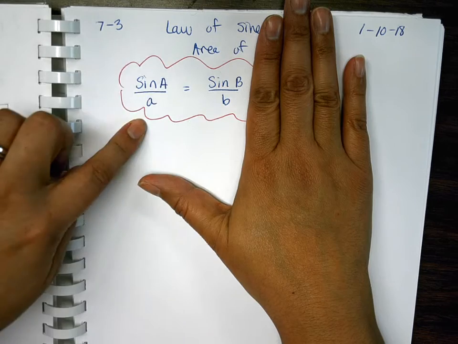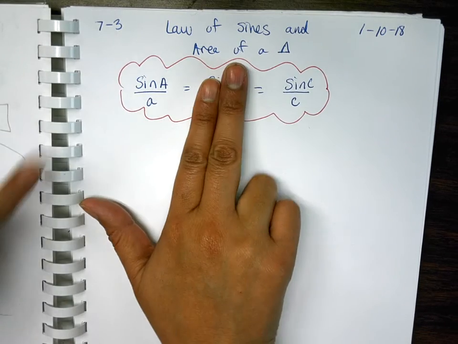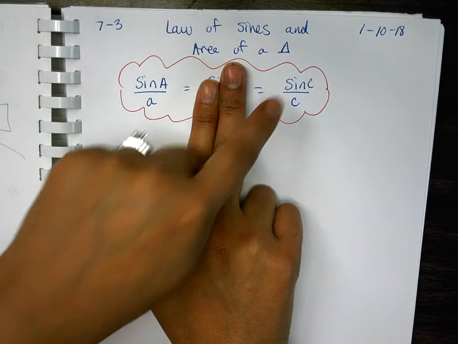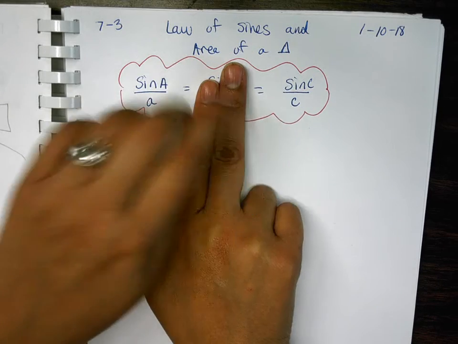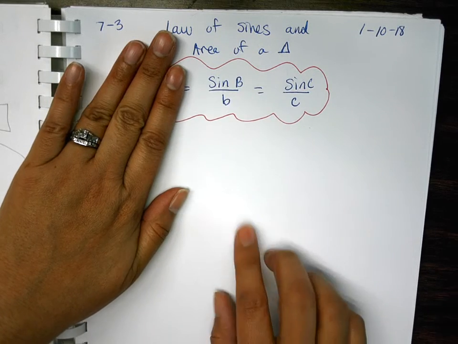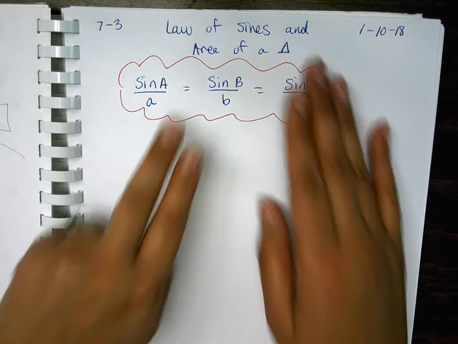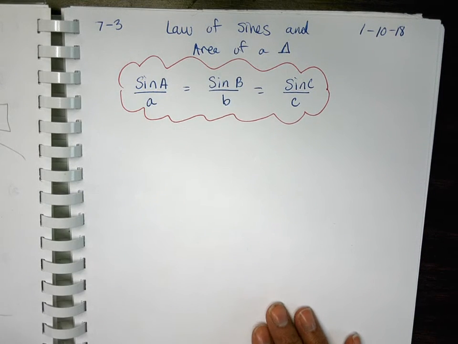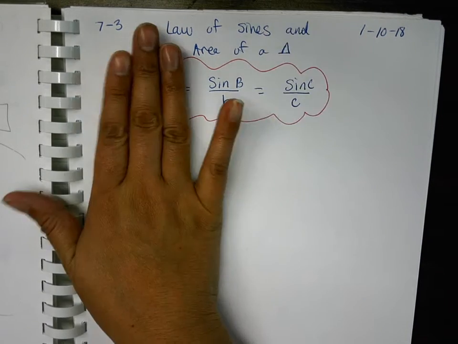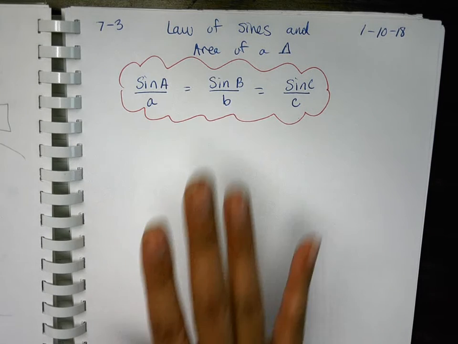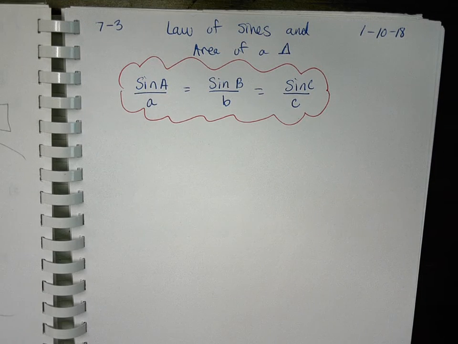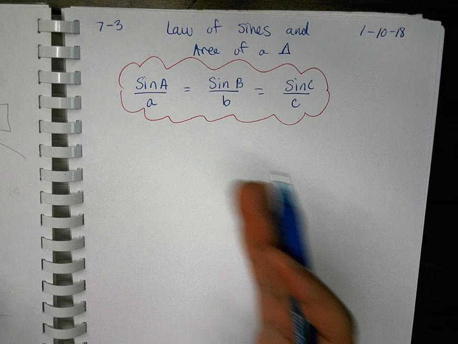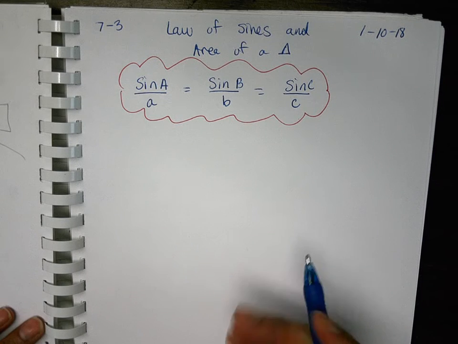Now it could be A and B, or you could do sine A over side A equals sine C over side C, or B and C. Does it matter which combination you use? No. Will you ever be using all three at one time? No. Any two: A and B, B and C, A and C. All right, questions before I actually give you a problem and we take a look at how this works?